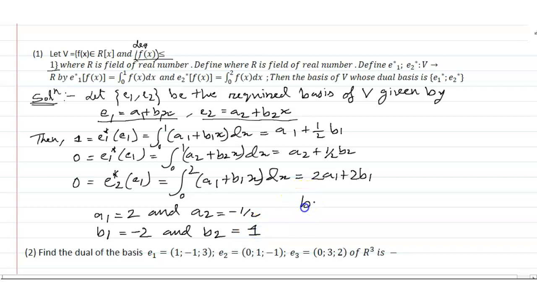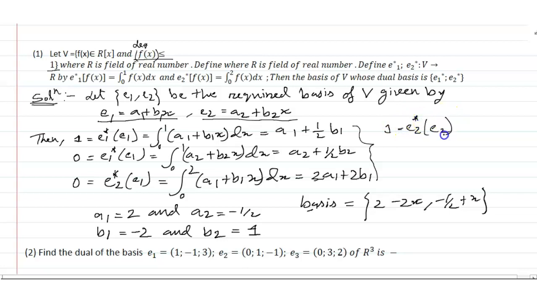So the basis is 2 minus 2x and minus half plus x. Friends, I just solved these three equations and got this. I just solved this problem. Another case is applying the condition E2 star E2 equals 1, so apply this formula.